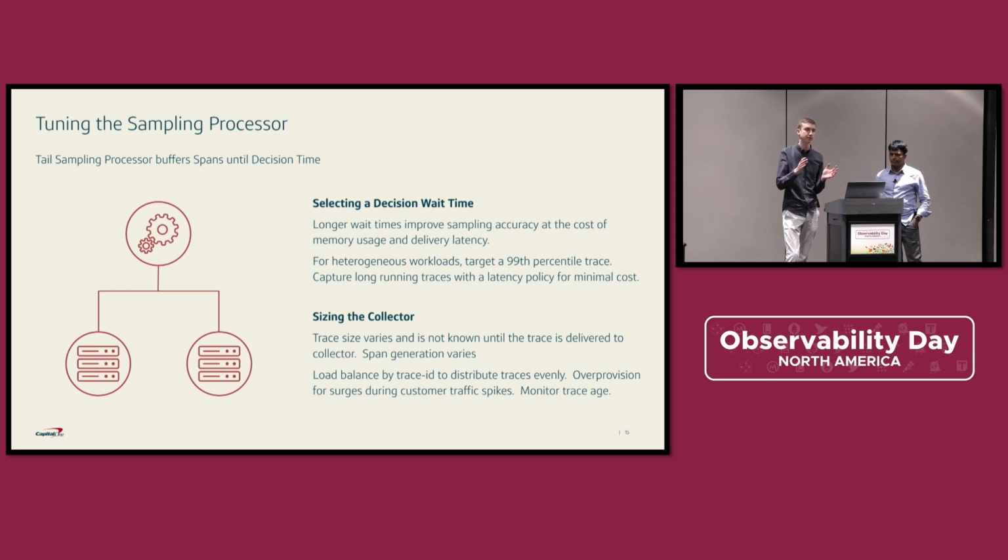This also speaks to sizing the collector. You can shrink your decision wait time, then you don't need as much collector memory to handle a specific trace volume. But it is worth considering that when you're dialing your buffer sizing for the collector, you're doing it a lot in terms of trace counts, even though you don't know in advance how big your traces are going to be.